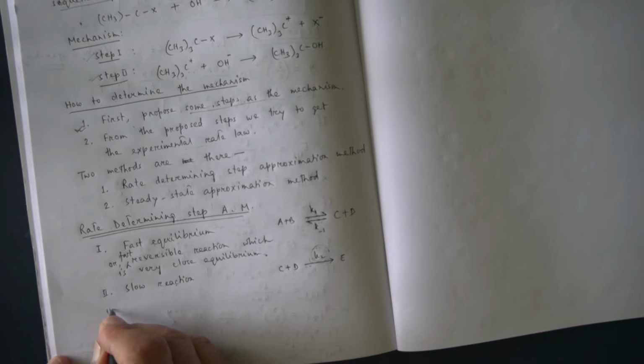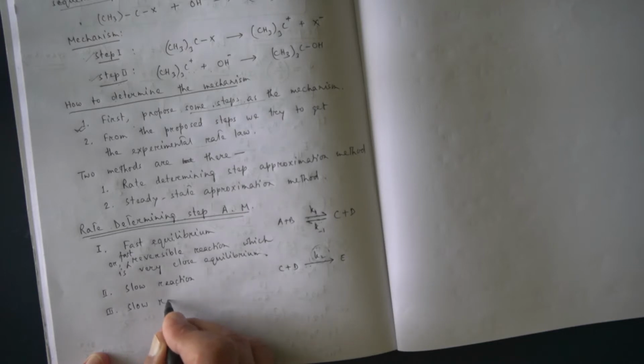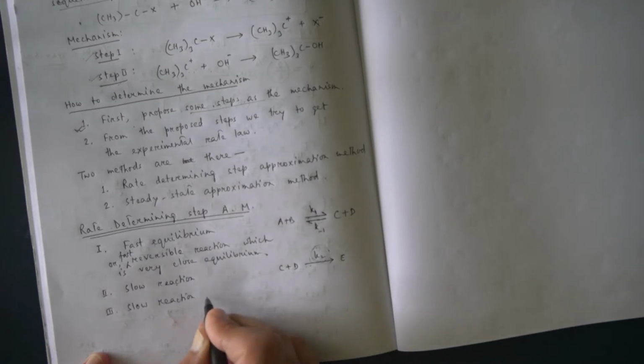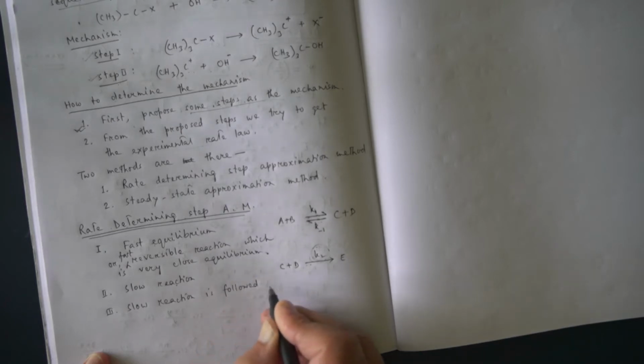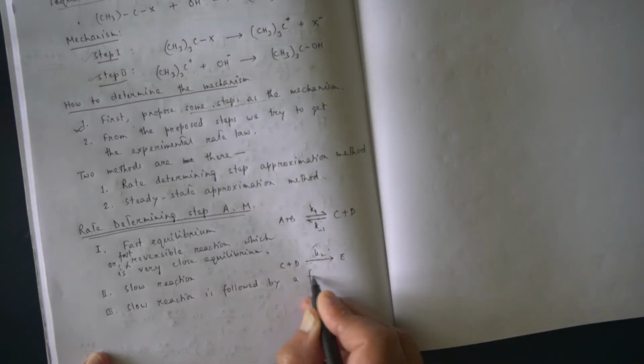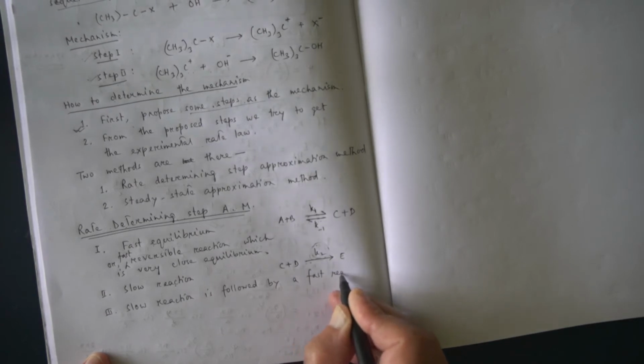The third step is that the slow reaction is followed by a fast reaction. That means from E we are getting F, with rate constant say K3.